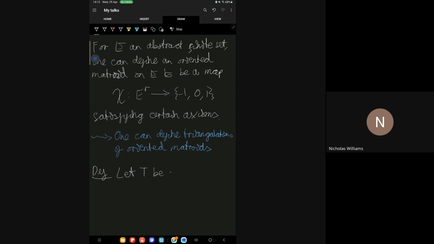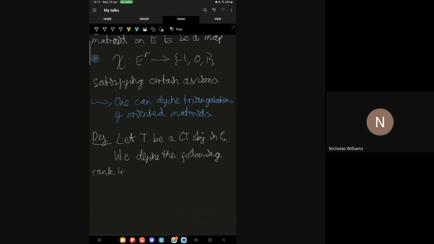So let T be a cluster tilting object in C_n. We define the following rank 4 oriented matroid on just the set from 1 up to n plus 3.